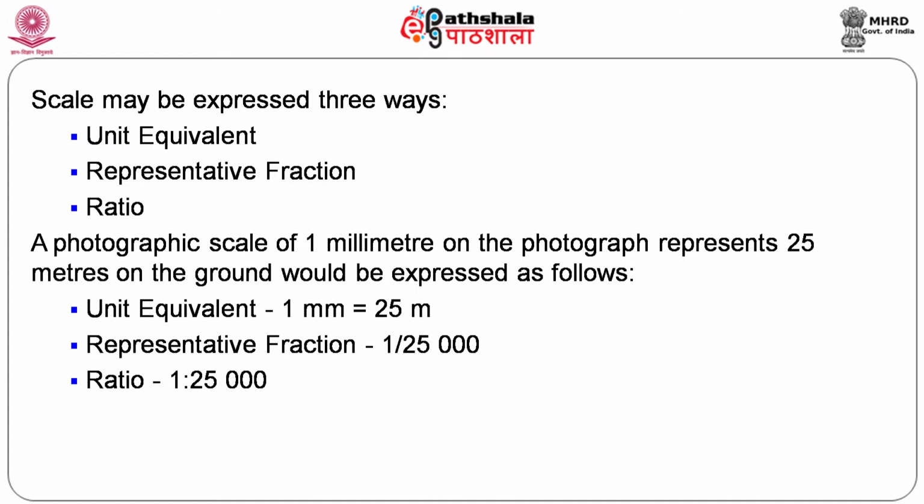How do you express the scale? Scale can be expressed in different ways. We say it is either unit equivalent, representative fraction, or a ratio. So, naturally 1 millimeter is 25 meters, that is your way of expressing unit equivalent. The same thing using representative fraction is 1 by 25,000, and as a ratio, 1 is to 25,000.